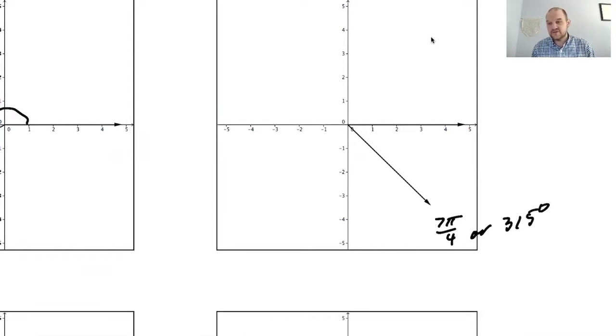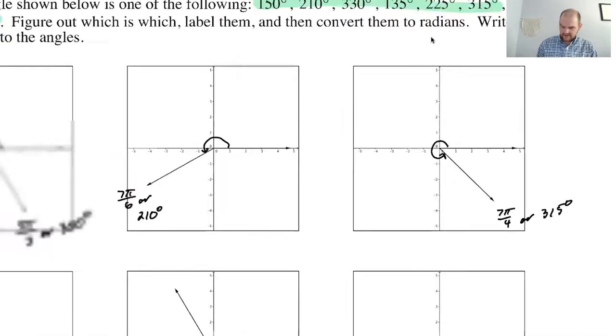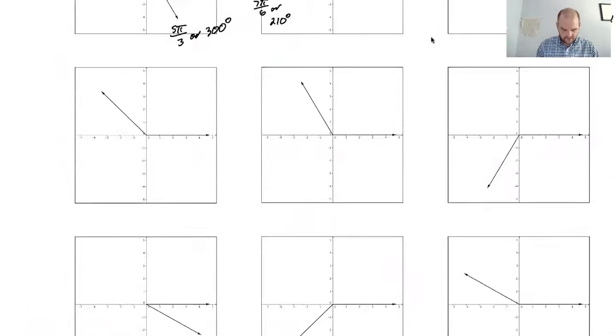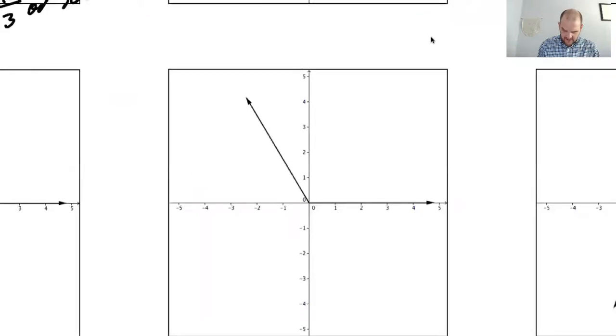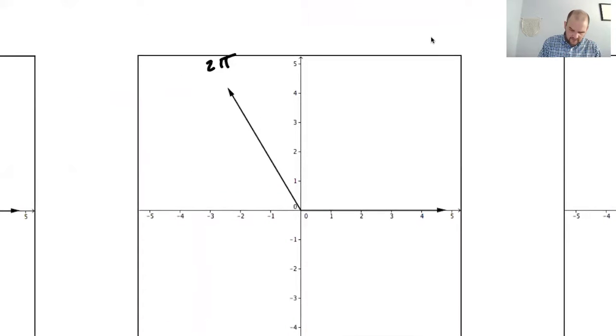It's actually easier to do these in radians at this point, hopefully, because we've been doing that a lot, right? So we're just going through and identifying. This should be 3 pi over 4, or 135 degrees. So I know them in degrees, but I never think of them in degrees. Mostly I think of them in radians and then convert it back. There's 2 pi over 3, or 120 degrees. Get there by doing this.